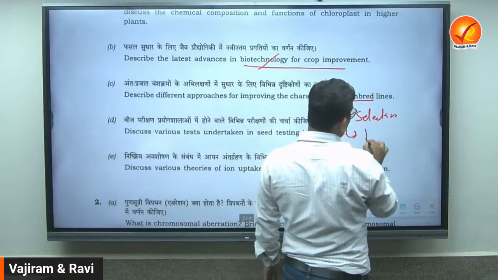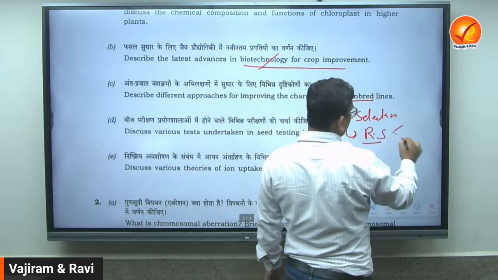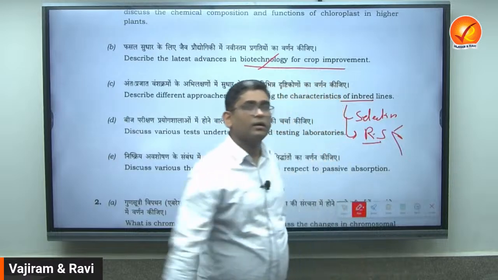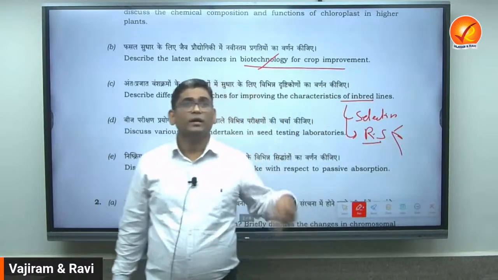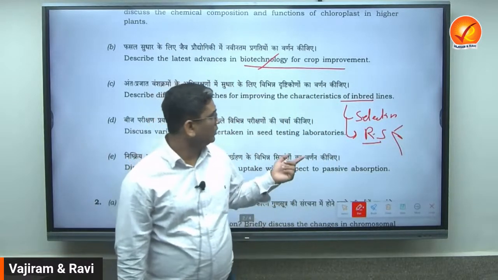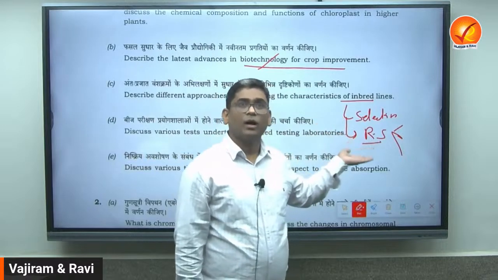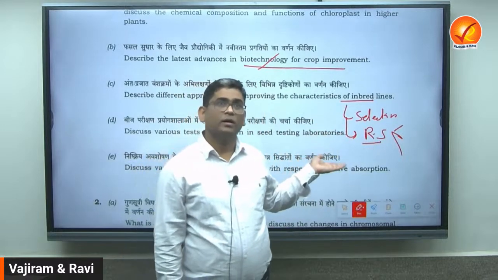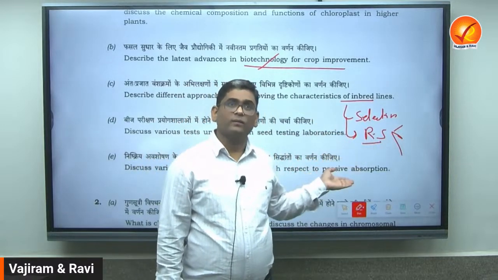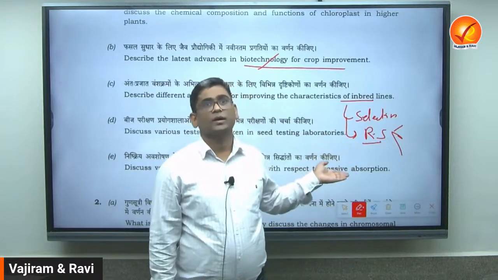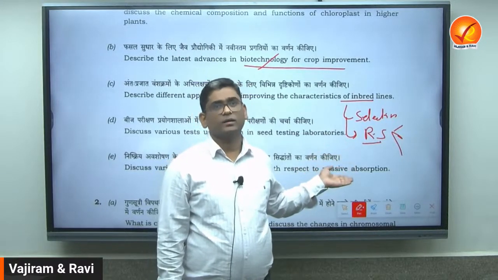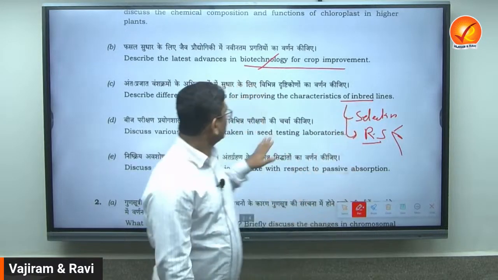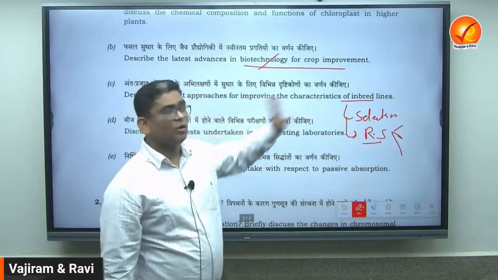Then you can do recurrent selection. Recurrent selection is of three types: for GCA, for SCA, and reciprocal recurrent selection. Then you can also do some hybridization related experiments. Then you can also do back crossing, and mutation breeding. Marker assisted selection. All these are the methods that can improve the characteristics of an inbred line.